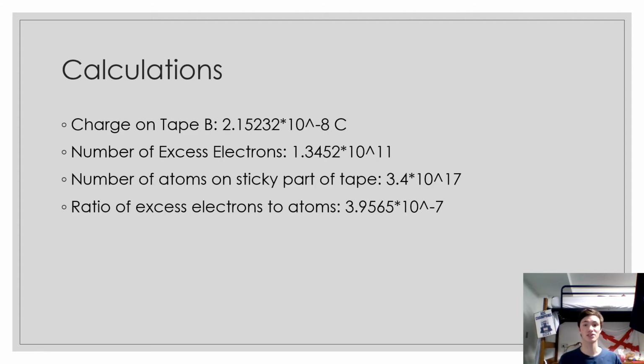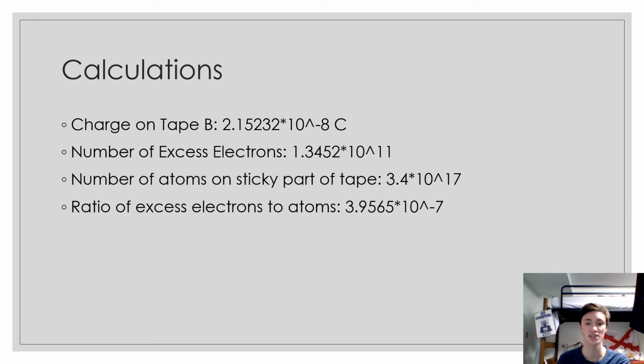So the key calculations that I made for this lab were that the charge on tape B ended up being 2.15232 times 10 to the negative 8 coulombs, which makes sense as it's a pretty small amount of charge. The number of excess electrons on the charged tape ended up being about 1.3 times 10 to the 11th electrons.